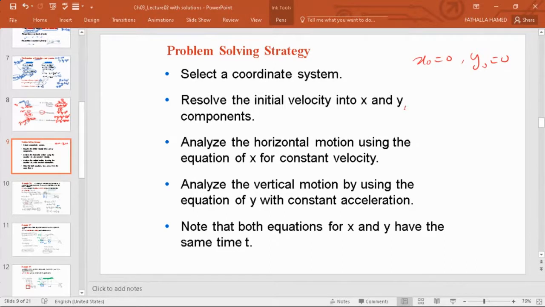Then you take components x and y. That means you're going to take the v0x and the v0y. Then you're going to analyze the motion for the horizontal, which is x, the vertical, which is y, and then you solve for the equation if you have what? If you have the time. And that's the strategy to deal with this.